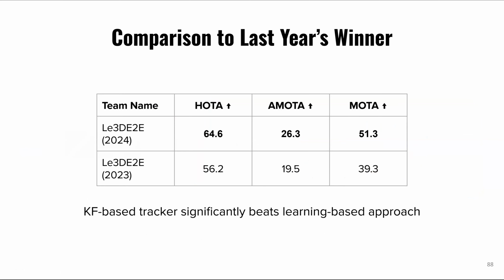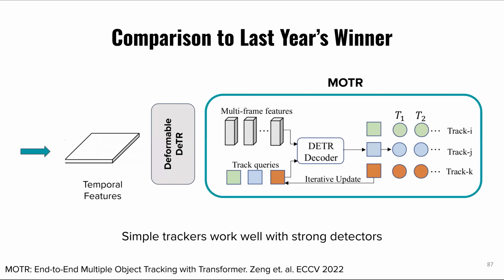This year's winning team improves HOTA by 8%, AMOTA by 7%, and MOTA by more than 10%. All of this is really just because they spent a lot of time and effort tuning up their detector. So it still seems like, if you have a really strong detector, tracking becomes a much simpler problem.